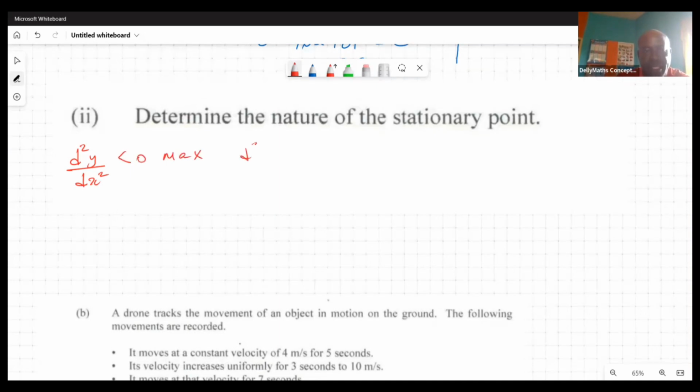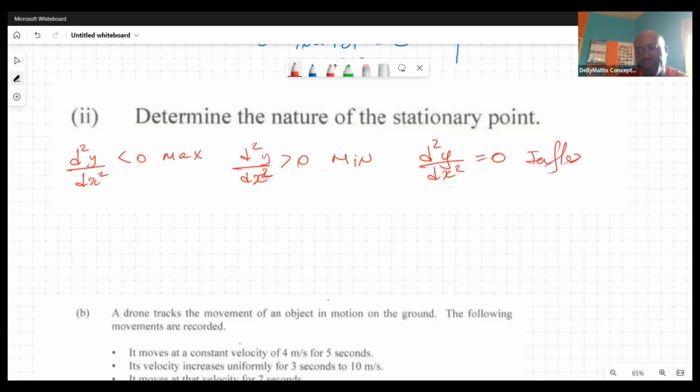If my second derivative is greater than 0, we're at a minimum. If my second derivative is equal to 0, we have an inflection, right? So we're going to check to see what we have.